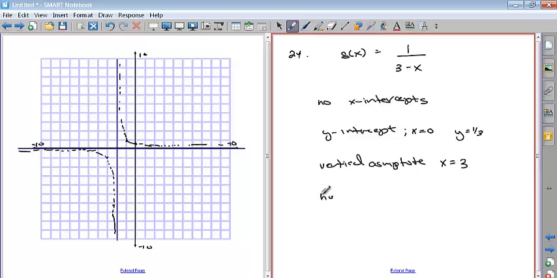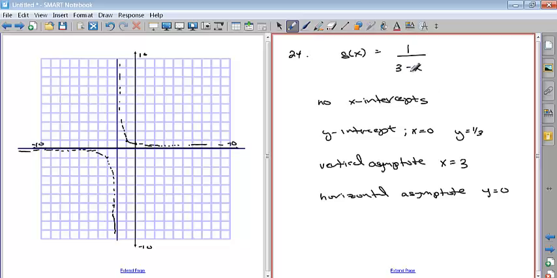And the horizontal asymptote is the same as the previous problem, which is 0. I forgot to put the y here. And so it's y equals 0.